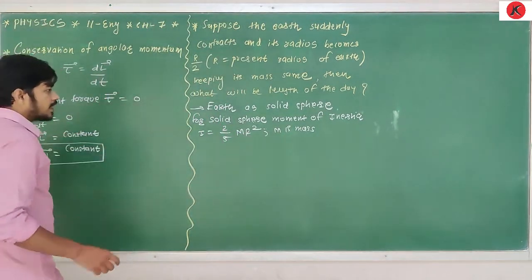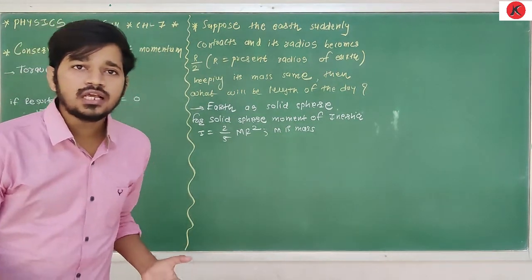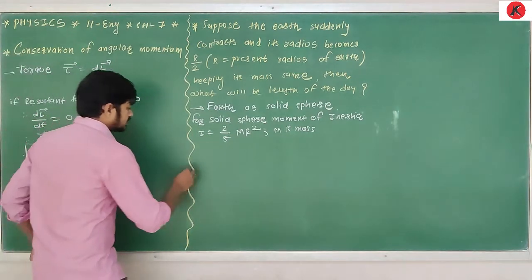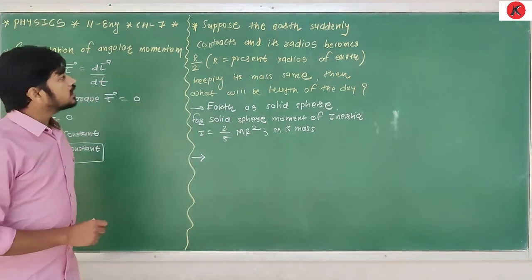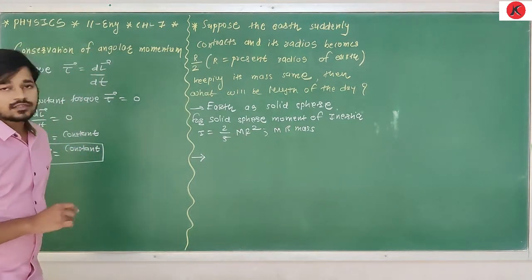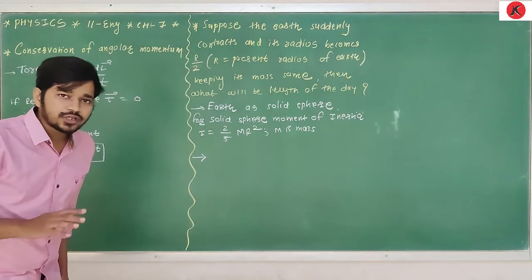So see here, how to calculate this whole sum? Suppose the earth suddenly contracts by itself. Then the resultant torque is 0.